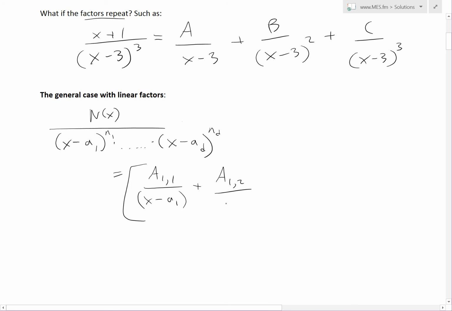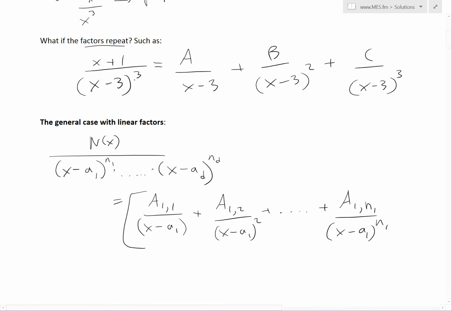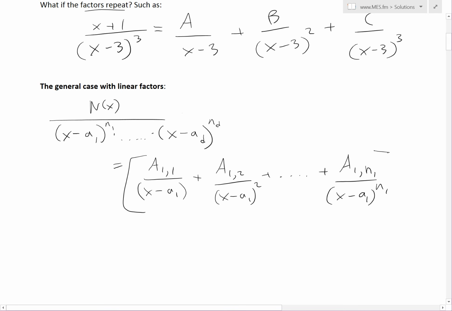Plus, etc. We keep going on and on until we get a1 all the way up to the n1th degree, so n1, and then we divide this out by x minus a1, to the power of n1. So just like this one here, where there's an x cubed, we go power of 1, power of 2, and then power of 3. And this one we go all the way to power of n1.